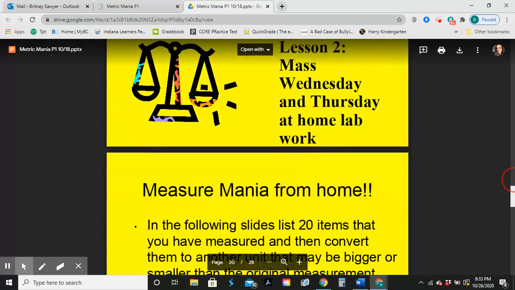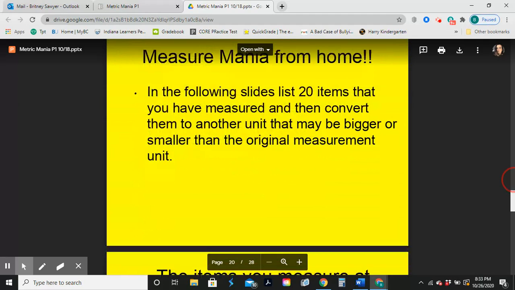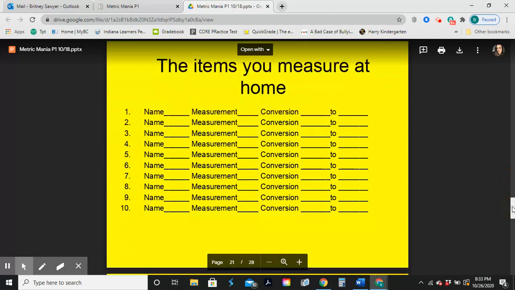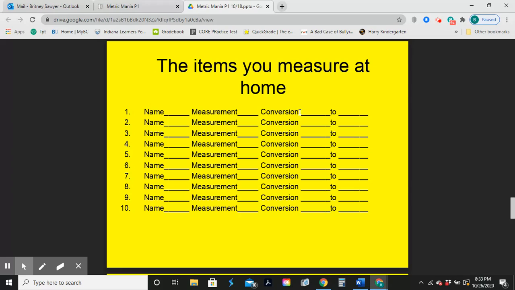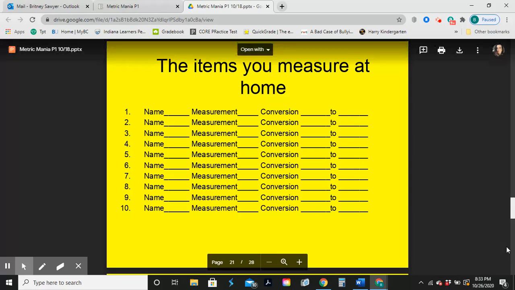But for your at-home work, you're going to list 20 things and measure them. Then you're going to tell me what the measurement is, and say, I'm going to convert my couch size in feet to millimeters or to centimeters. You're going to show me that conversion on this particular line.